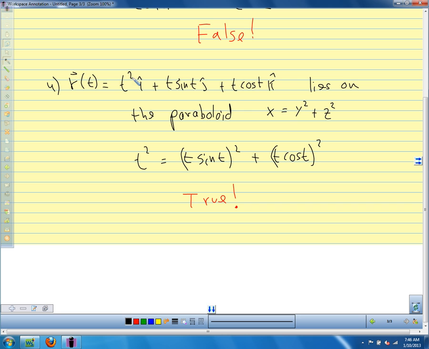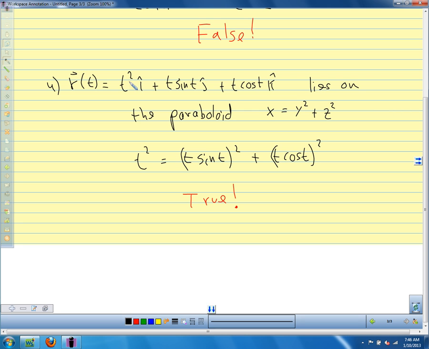Questions on those? So how do you set it equal to t squared? Well, let's see. I'm interpreting Cole's thinking here. When we've worked other examples with a sine t and a cosine t, we think of the Pythagorean identity, sine squared t plus cosine squared t equals 1. So I think what Cole is saying is if we squared this component and squared this component, we would end up with t squared, and then we just factor out the t squared.